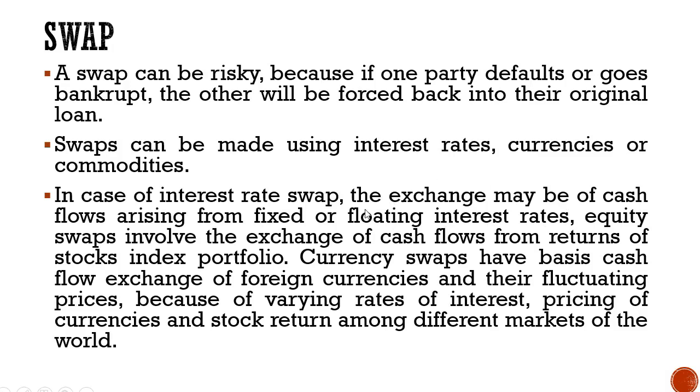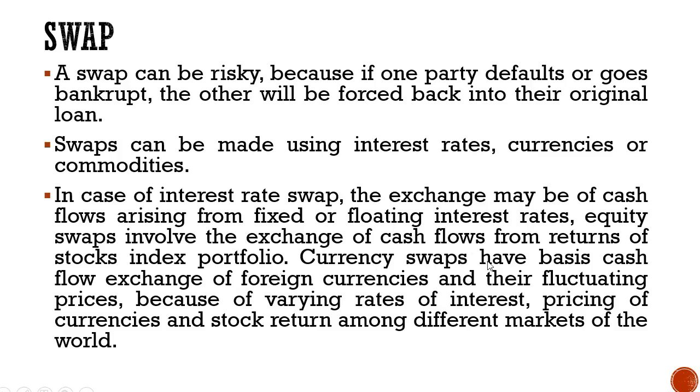Under interest rate, you can swap between fixed and floating interest rate. Under equity swap, it involves the exchange of cash flows from returns of stocks index portfolios. So under equity, swapping is done between the exchange of cash flows from return of stocks index portfolio.